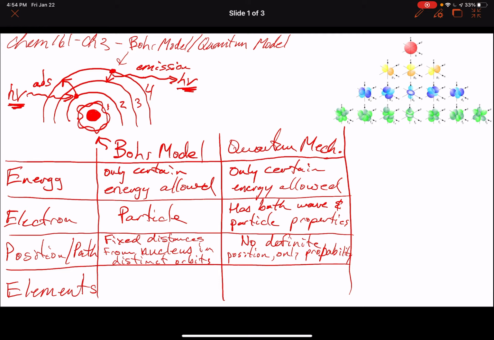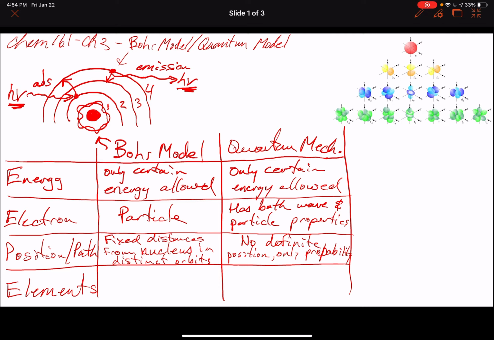That is to say, in the quantum mechanical model, we only have the ability to predict a likely spot for where the electron is according to a wave calculation, and ultimately a calculation that respects the Heisenberg uncertainty principle: because the electron is so small and moving so quickly, we have difficulty pinpointing the exact position if we know its speed, or we don't know its trajectory, its pathway, if we know its position.